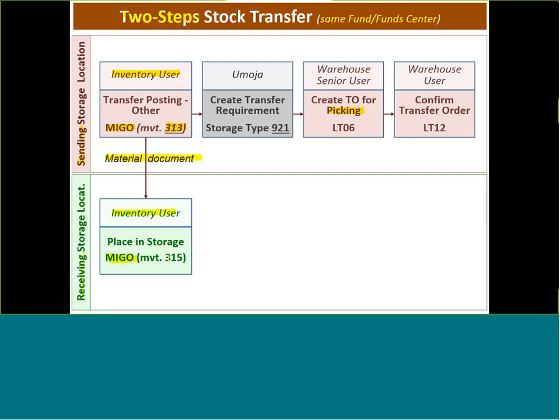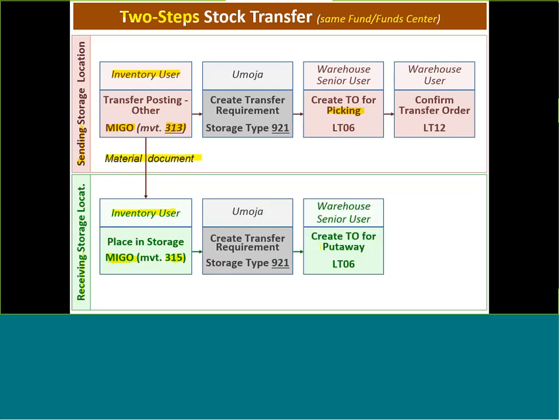And in this case, the second MIGO transaction uses movement type 315. After the second MIGO transaction is posted, the warehouse transaction for put away will follow. Right. So this is the second alternative to perform stock transfer between storage locations linked to the same fund and fund center.